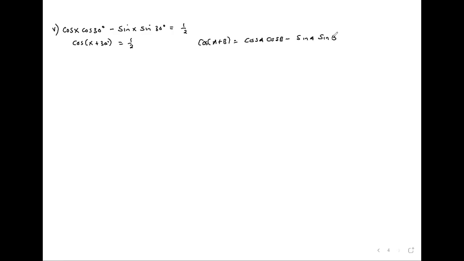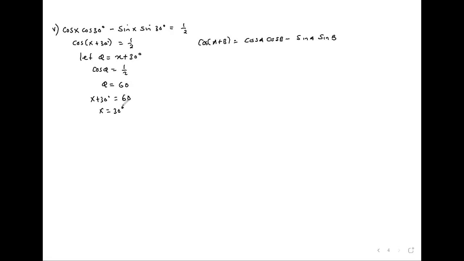So meaning that if we let theta be x plus 30, then we'll have cos theta is equal to half. And so what next? What next is that theta is equal to 60. That one gives us half. So we say x plus 30 is equal to 60, so x is 60 minus 30, which is 30.